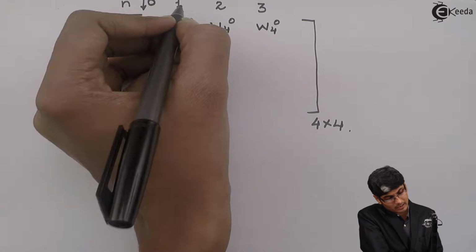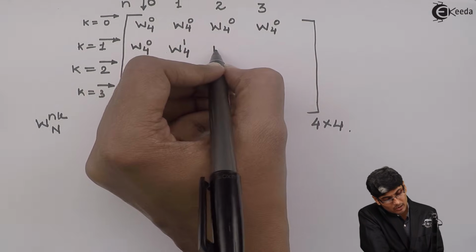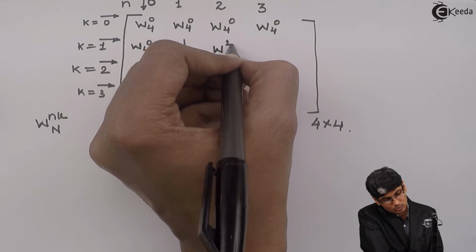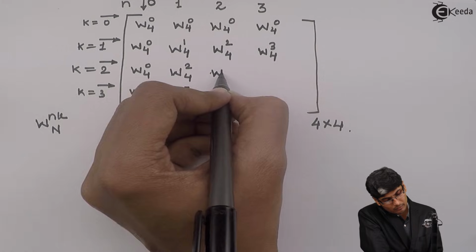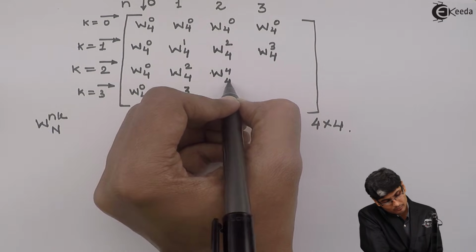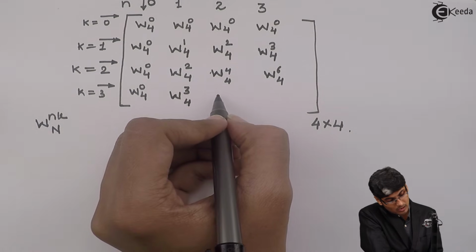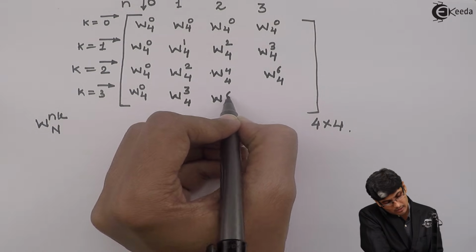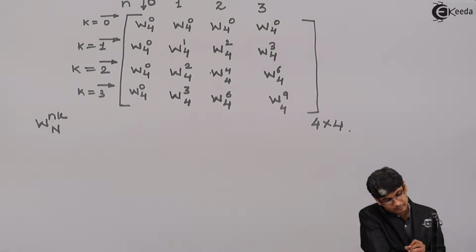Here k is 3 and n is 1, so you get 3. Now k is 1, n is 2, you get 2, and here it will be 3. Here it will be 2 2s are 4, and here it will be 6 because 2 3s are 6. Here it will be again 6, and here it will be 3 3s are 9.